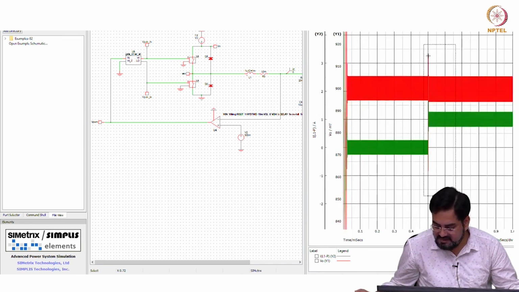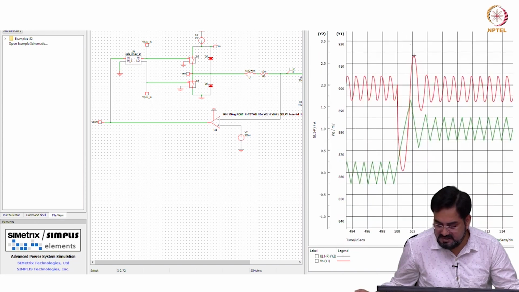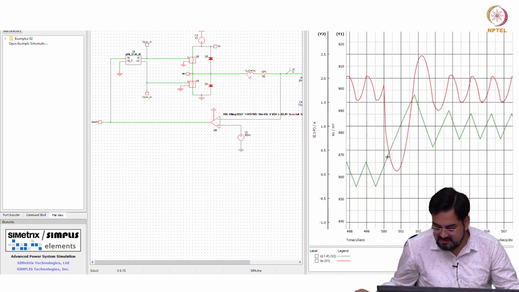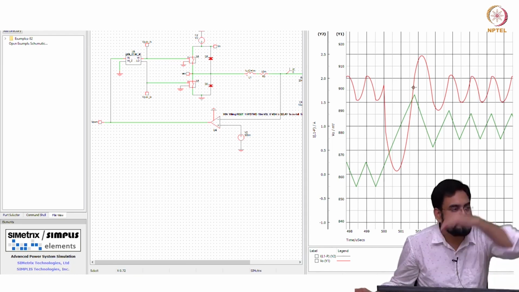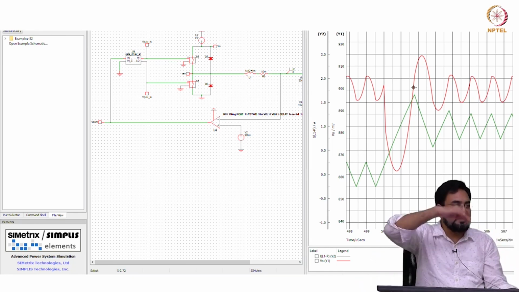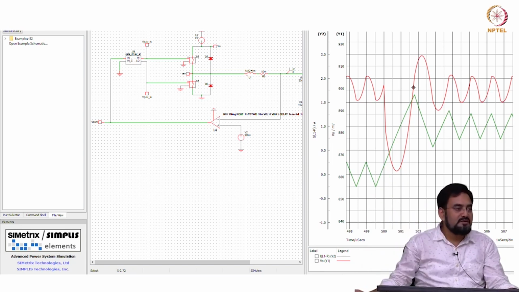One thing you can see here, when your output is changing, your comparator is forcing duty cycle 1 all the way until the inductor current goes to load current and then it settles back.